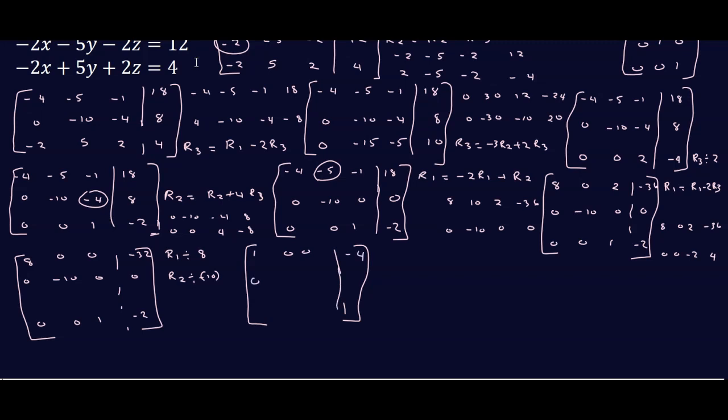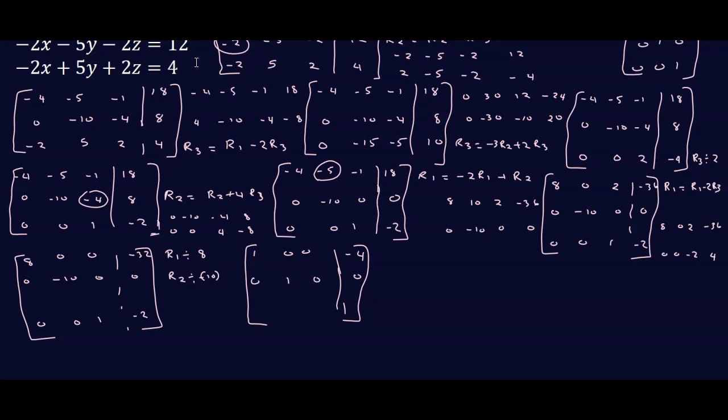We have 0, 1, 0, and then we have 0 here, and then we have 0, 0, 1, and then we're going to have -2 right here. So our system is going to be something that looks like this: x equal to -4, y equal to 0, and then z equal to -2.